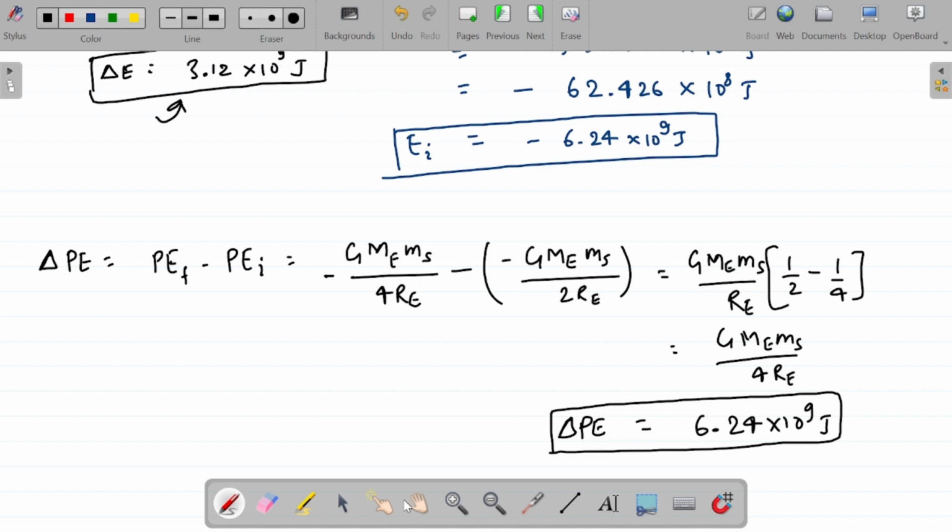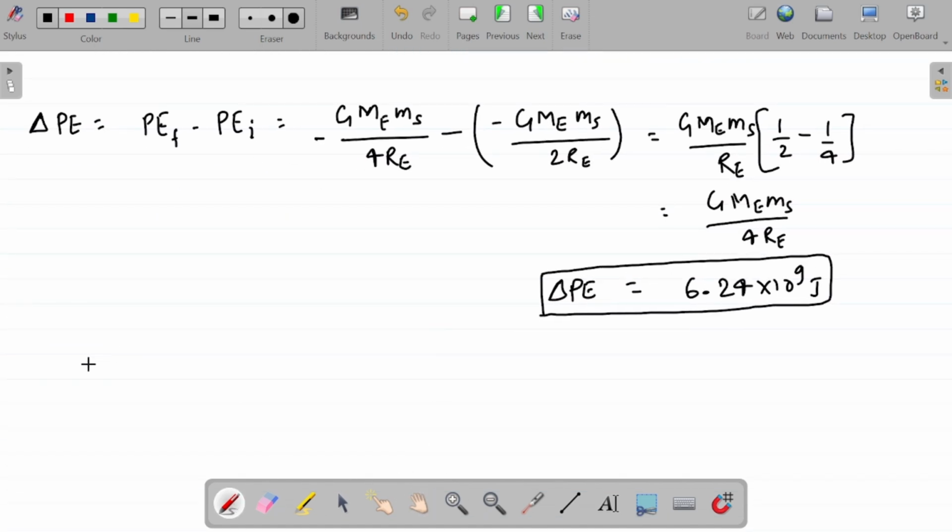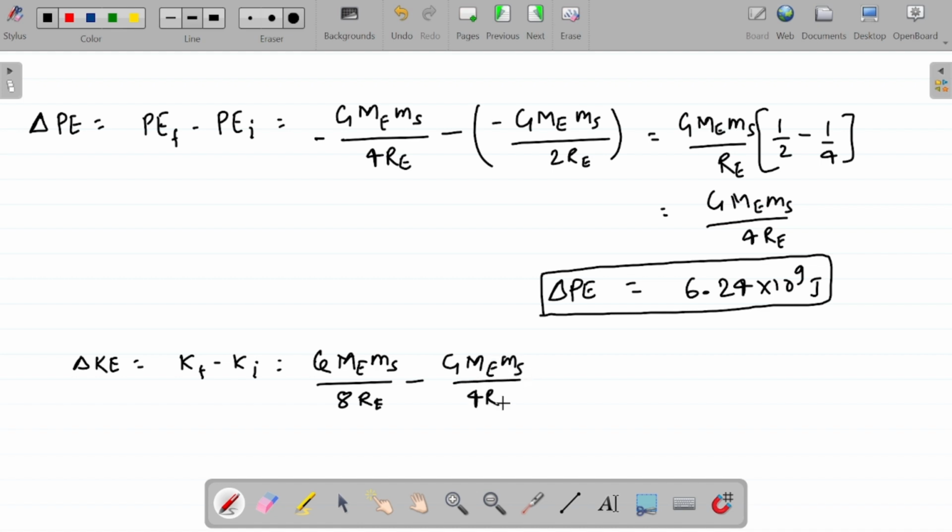So let's check what the final kinetic energy and the initial kinetic energy are. So final kinetic energy minus initial kinetic energy, K final minus K initial, will be G ME MS by 8 RE minus G ME MS by 4 RE.